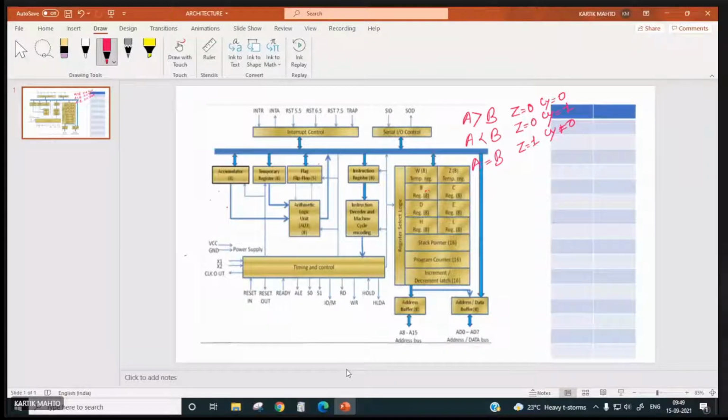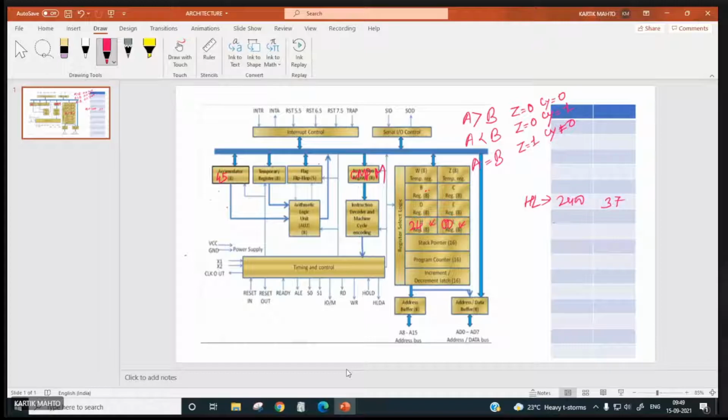Now, suppose we are writing CMP M and the accumulator is, say, 45. What exactly is the processor going to do? It will bring the data from the memory location pointed to by the HL pair. So 2400, suppose it is here, and this is our HL. HL is pointing to this location, and here we have, say, 37.